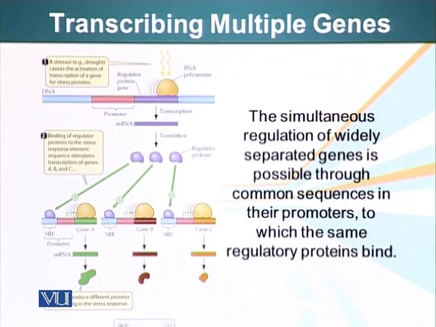So when we want to activate genes whose products play a unified role, perhaps in a metabolic pathway, how do we activate all those genes? The strategy of eukaryotes is different from prokaryotes. For example, if a plant suffers from drought, it results in production of a regulatory protein, a type of transcription factor.